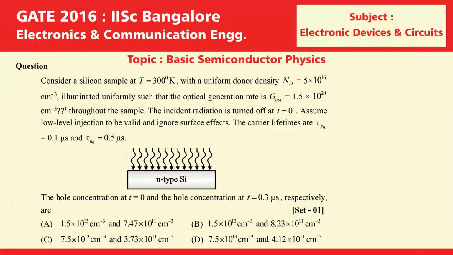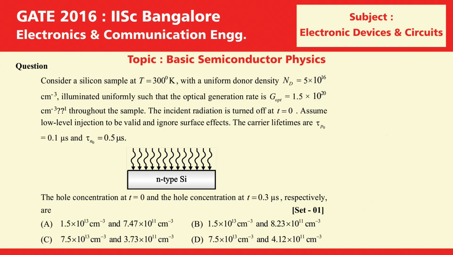This is the question from GATE 2016, set 1. The question is: consider a silicon sample at T equal to 300 degree Kelvin with a uniform donor density Nd equal to 5 into 10 to the power 16 per centimeter cube, illuminated uniformly such that the optical generation rate is G optical equal to 1.5 into 10 to the power 20 per centimeter cube per second throughout the sample.